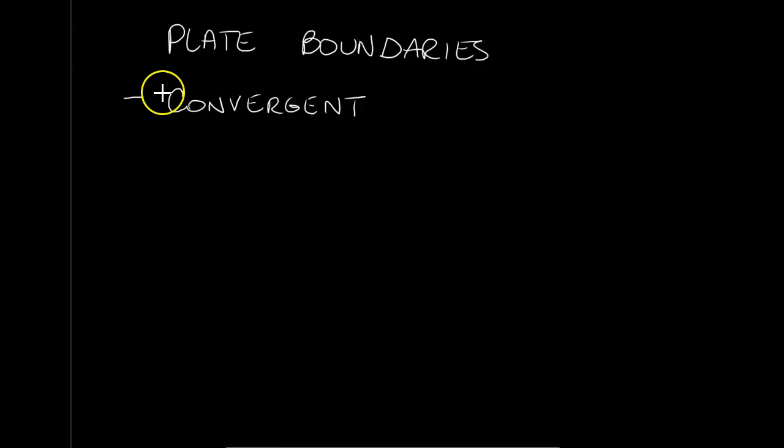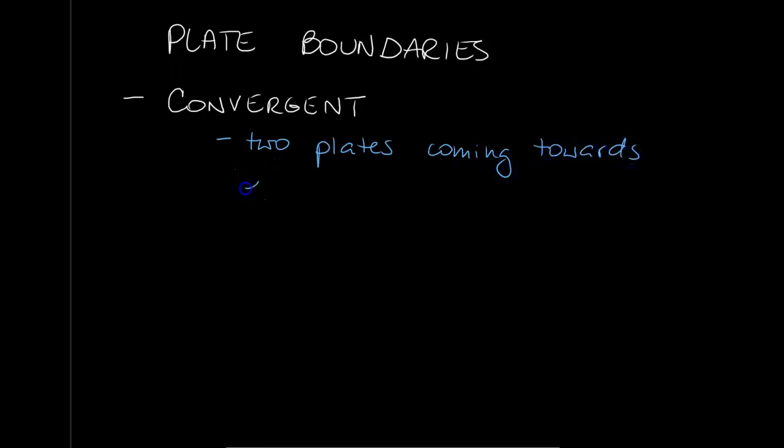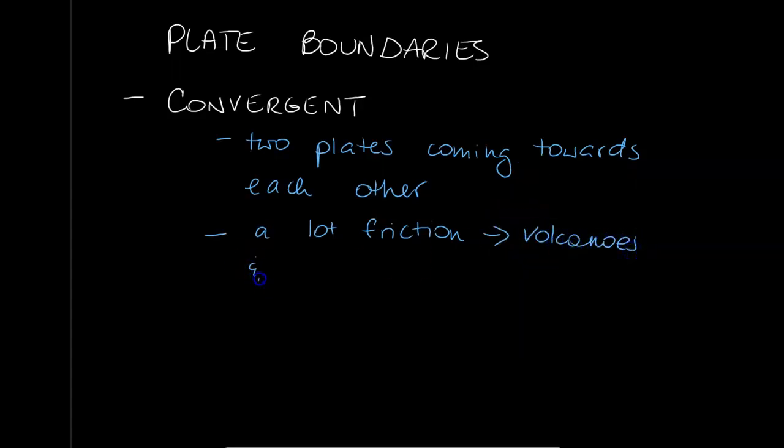A convergent type of plate boundary happens when two plates are coming together. Okay. They're coming towards each other. Okay. Again, there's a lot of friction. Okay. And with a lot of friction, we will have volcanoes and earthquakes.